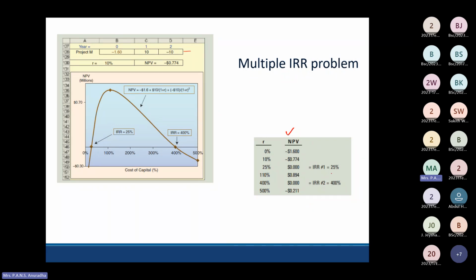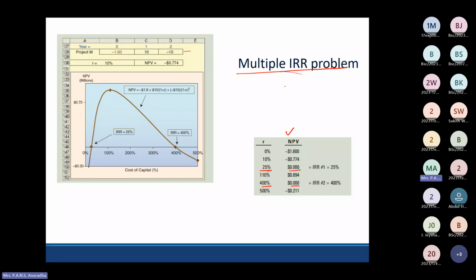You can see that at 25% the NPV is 0, and again at 400% the NPV is 0. So two IRRs. We call this the multiple IRR problem. This multiple IRR problem occurs when the projects are not conventional.